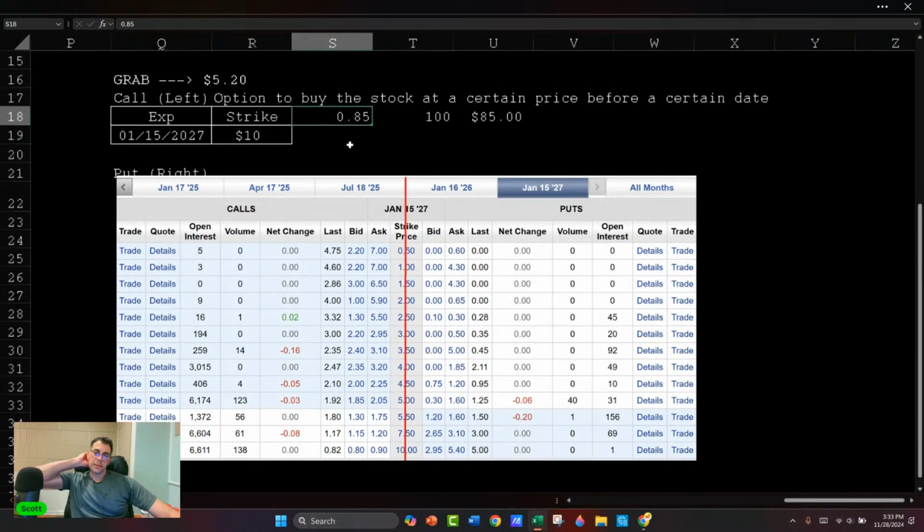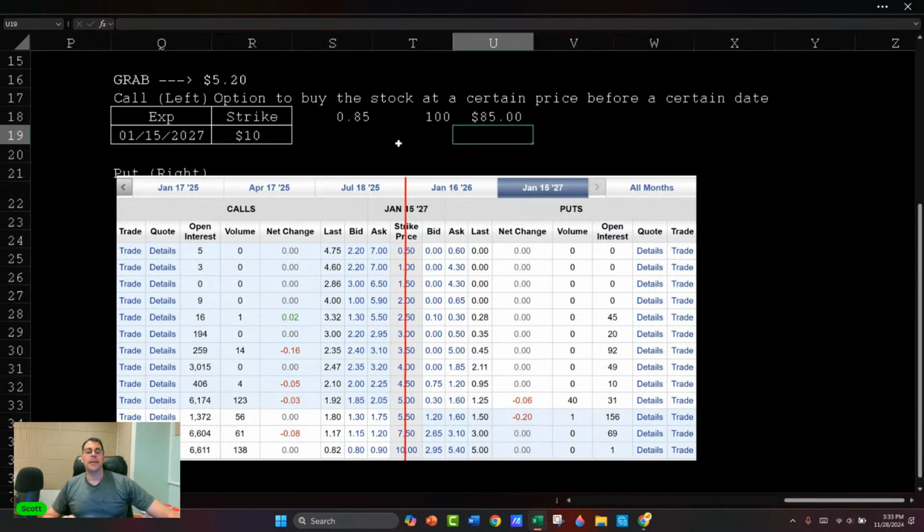Okay. So you have to pay $85, and that money's gone. That just gives you the option to buy the stock at some point. So you probably wouldn't exercise the option until it broke through $10. I know you could trade the option in the open market, but I'm just going to keep it simple.